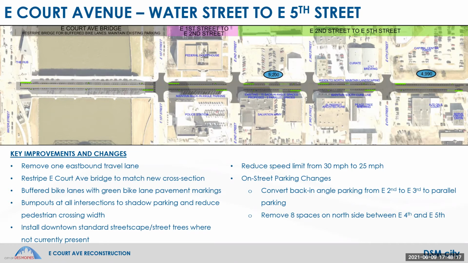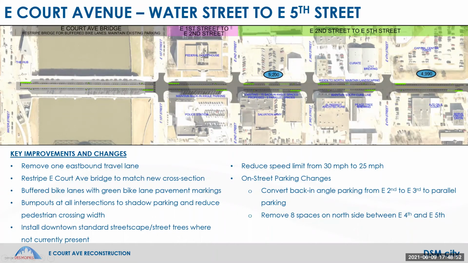For reconstruction projects, we typically use a few different metrics to analyze speed and see whether the existing speed limit meets the needs of the existing roadway, the existing traffic, and the existing context of the street. Based on those metrics, it was recommended to lower the speed limit 5 miles per hour, from 30 to 25. I'll just touch on, I talked a little bit about the changes to parking.